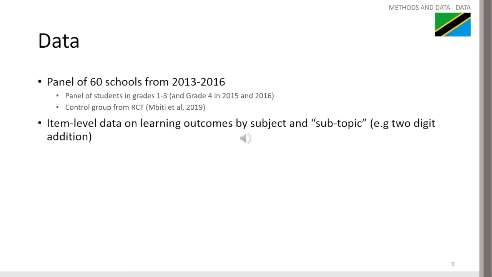For our test scores, we have item level data on Kiswahili, English, and math. And that's going to be our primary outcome that we use. These are grade specific, tied to the syllabus test items.